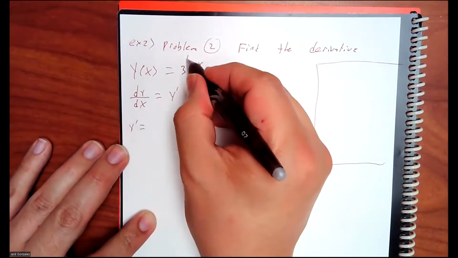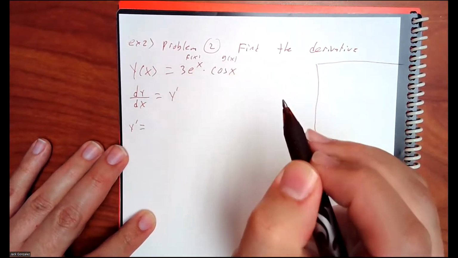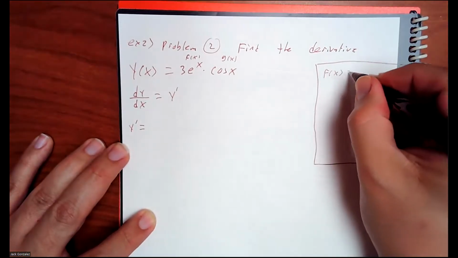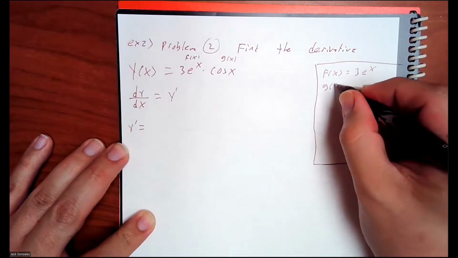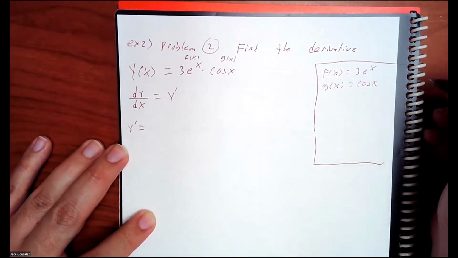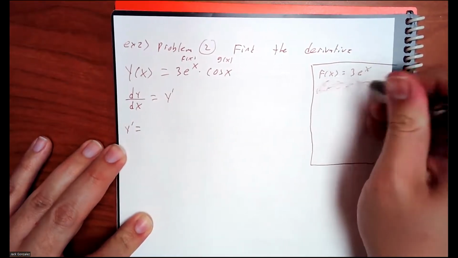And I'm going to label this guy as my f and g, two different functions. So f is 3e to the x. G is cosine. Let me make space there, sorry.